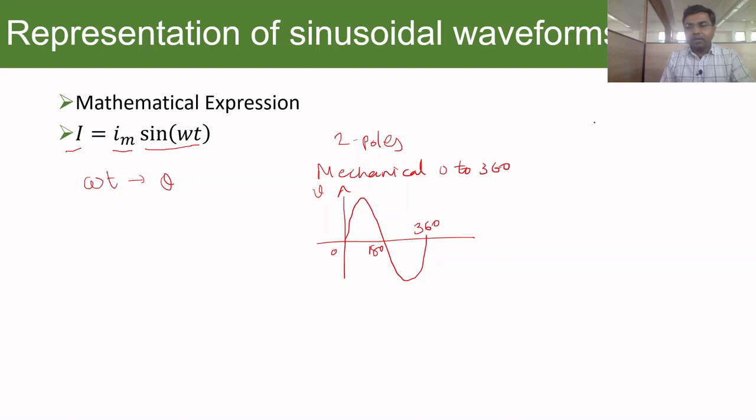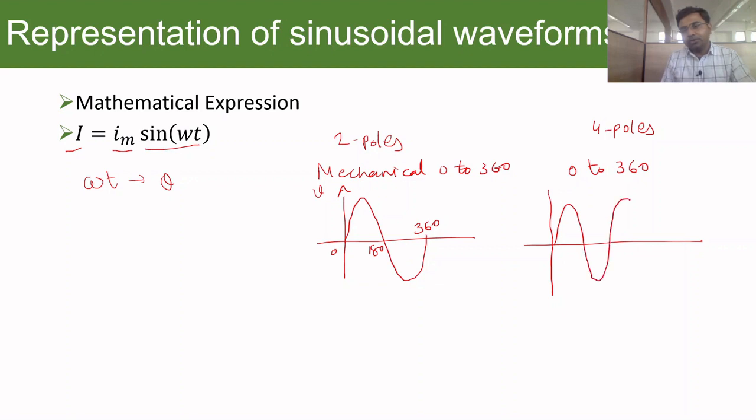Let's say we have four poles. While the actual generator rotates from 0 to 360 degrees, if you observe the AC output voltage, it will complete two AC cycles. The electrical angle is 0 here, 180 here, 360.